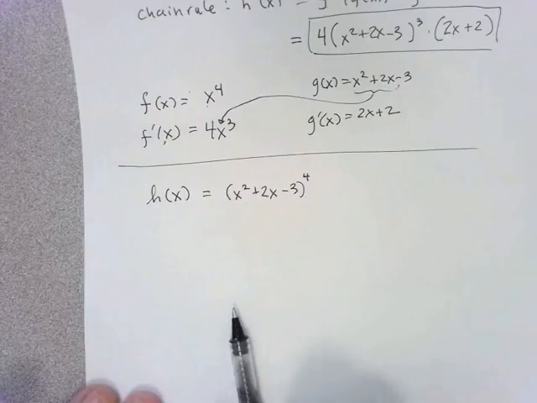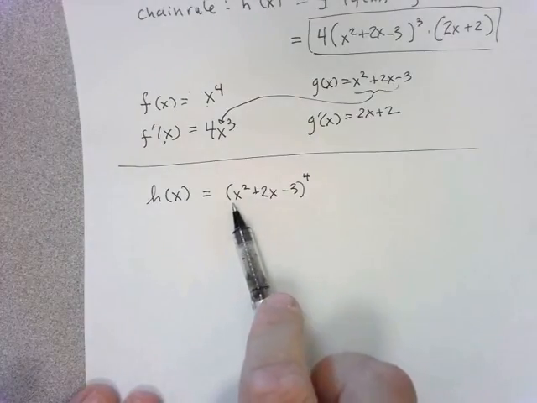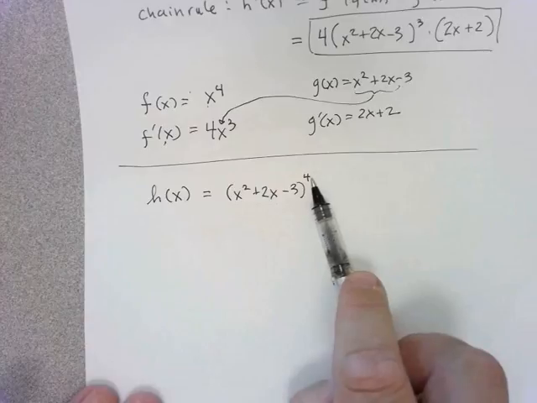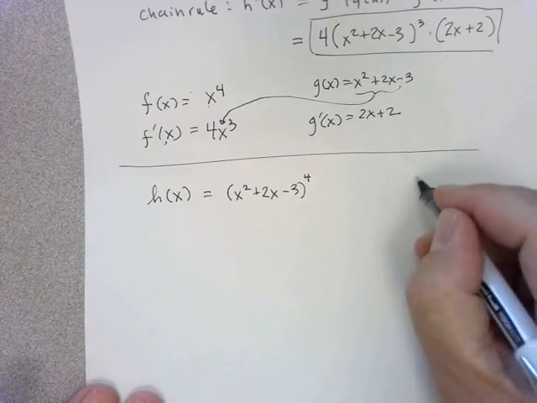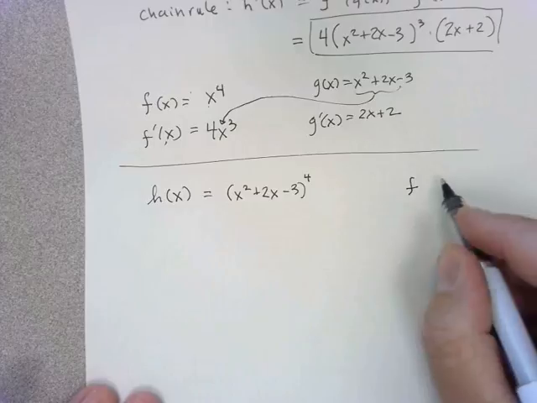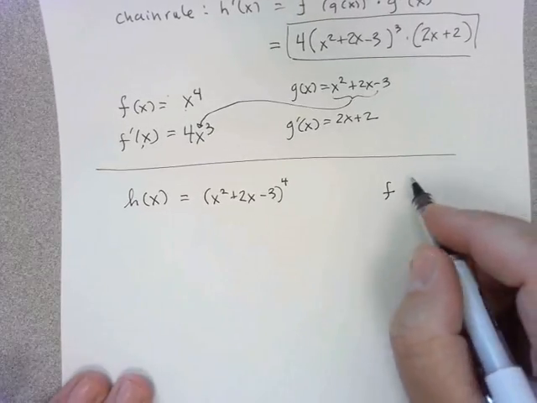So here's the way I want you to think about it. You have to recognize that this is a polynomial plugged into something else. So let me write out the chain rule again based on the previous one.